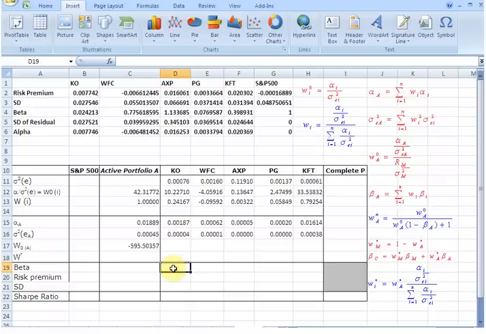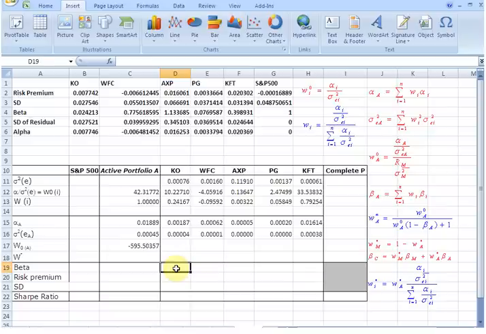In this cell, we are going to find the beta for Coca-Cola adjusted for weights. In this cell, we are going to do that for Wells Fargo. In this cell, for American Express, and so on for all the securities. How are we doing that? We are doing that by using this formula here. We are multiplying the weight on each security with its beta, and when we have done it for all securities, we are simply adding them up, and that would give us the beta for the active portfolio.